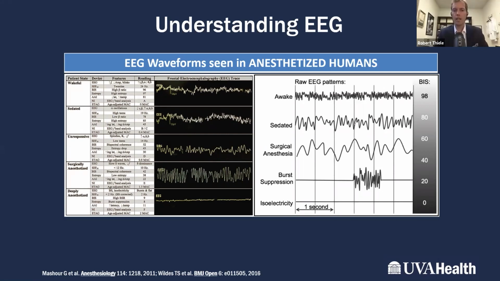As you go from wide awake to a deeper anesthetic state, you can see characteristic EEG changes. And on the left here in these dark boxes are actual EEG tracings, and on the right we see a graphical depiction of what these patterns start to look like.